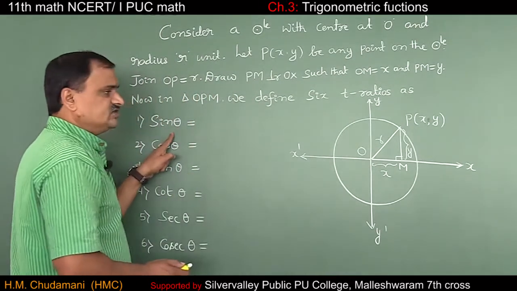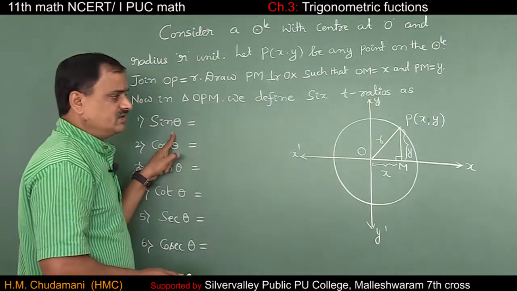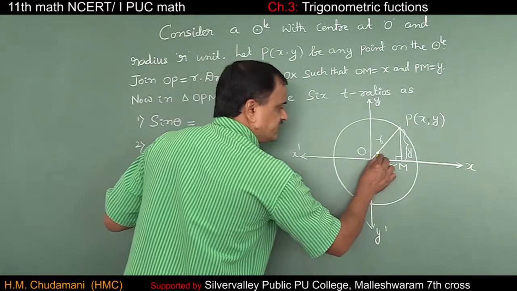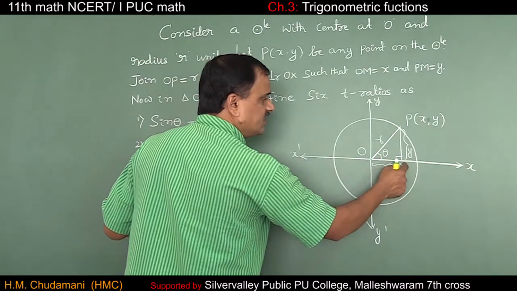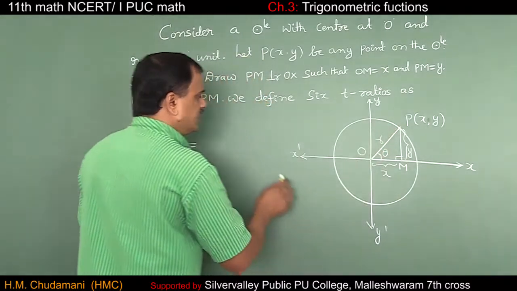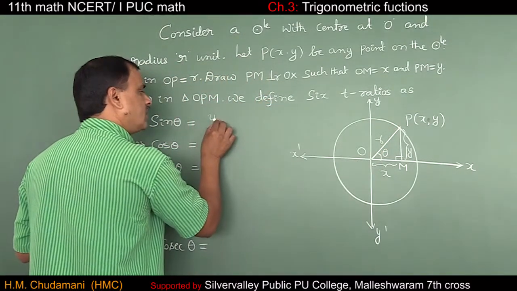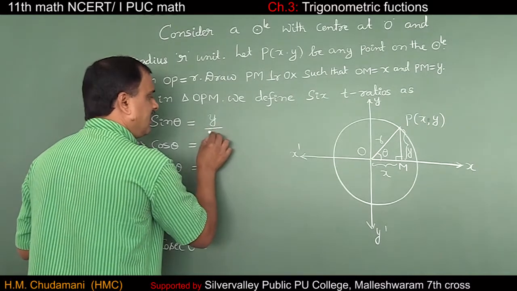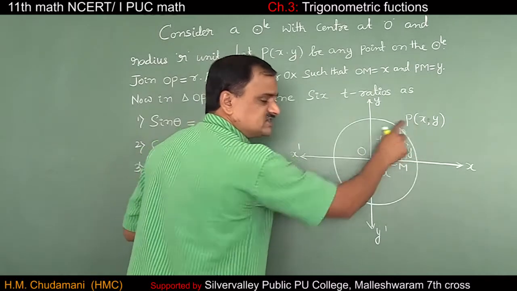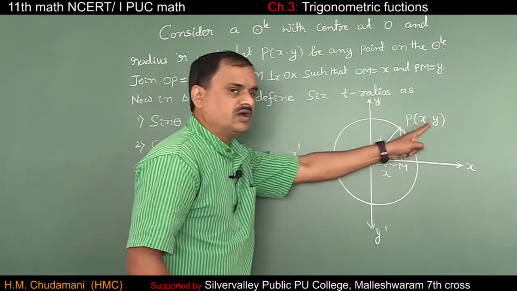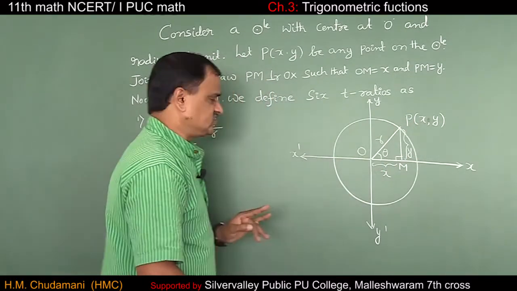The first one, sine of the angle theta. This is the angle theta. Sine of the angle theta is PM divided by OP. PM is the ordinate y, r is the distance, the radius in fact. x is called the abscissa and y is called the ordinate.